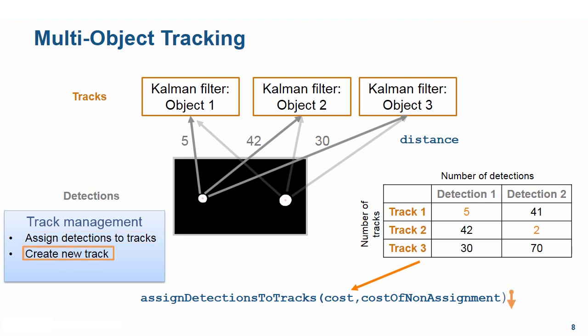On the other hand, a low value of cost of non-assignment increases the chance of getting new objects. The last task the track management has to do is deleting tracks that were not assigned to a detection for several steps. If we did not detect the object for several frames, it is very likely that the object is not in the image anymore.